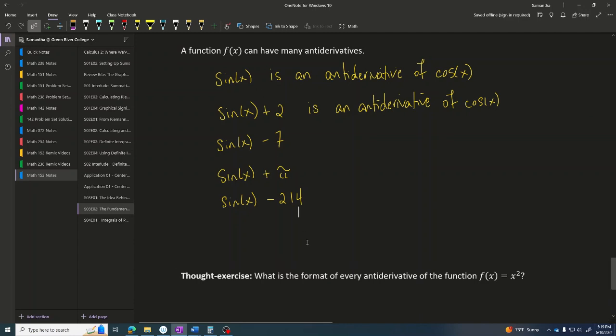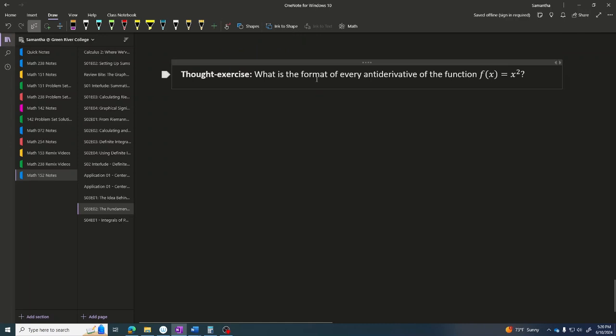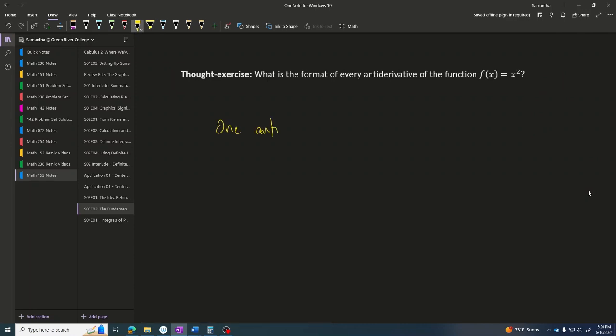Now, this pattern holds true not just for cosine, but for any function where we're talking about its antiderivatives. For example, someone says, what is the format of every antiderivative of the function x squared? I can say, well, one antiderivative that I can think of right away is a function that would become x squared when I take the derivative.